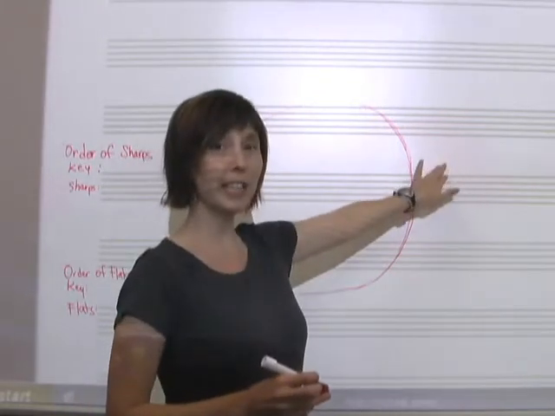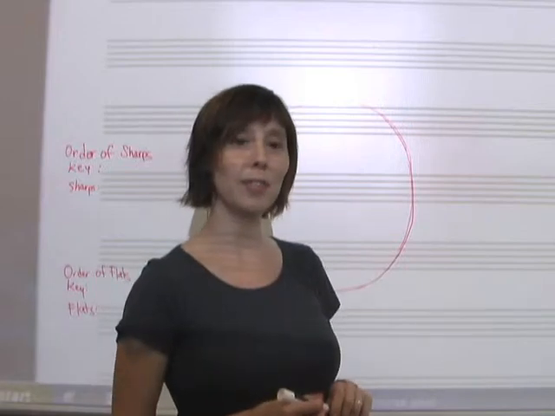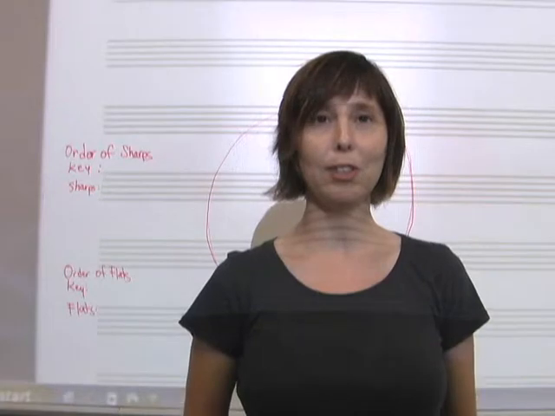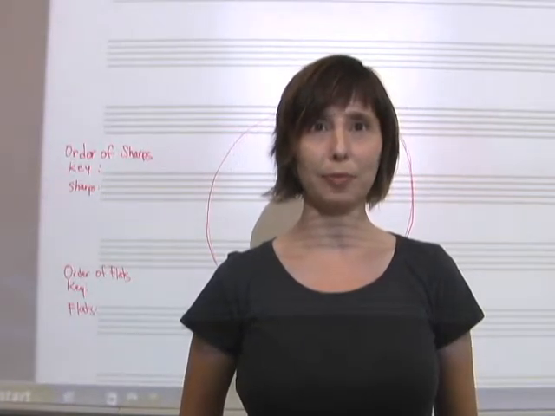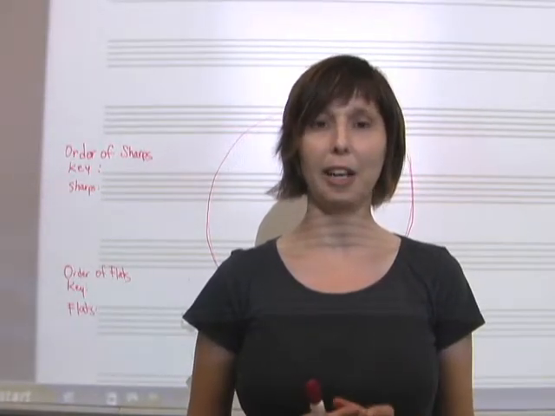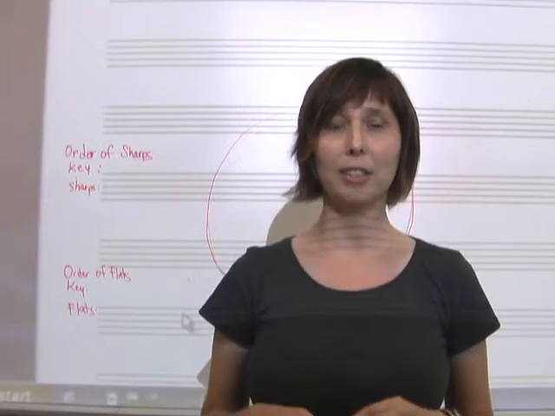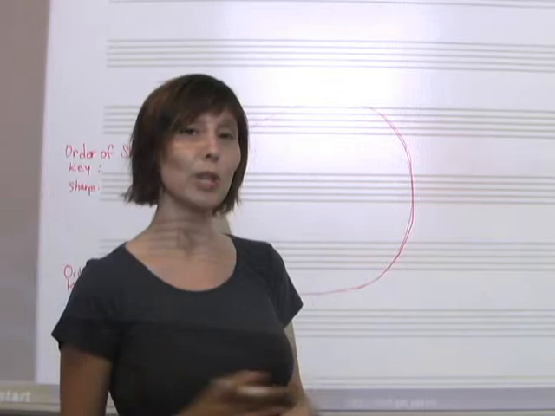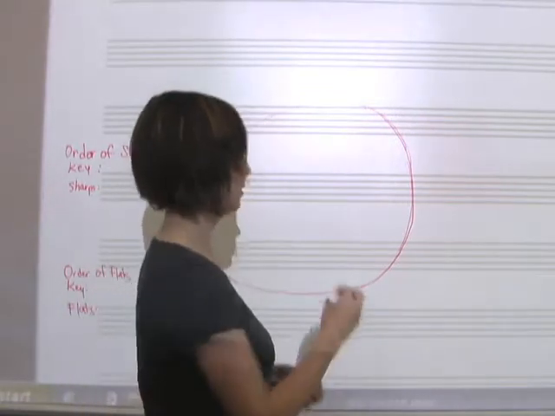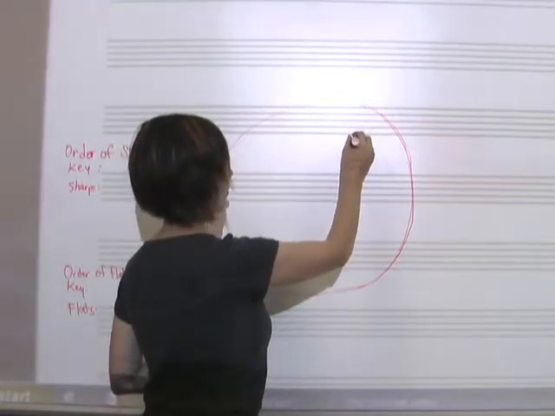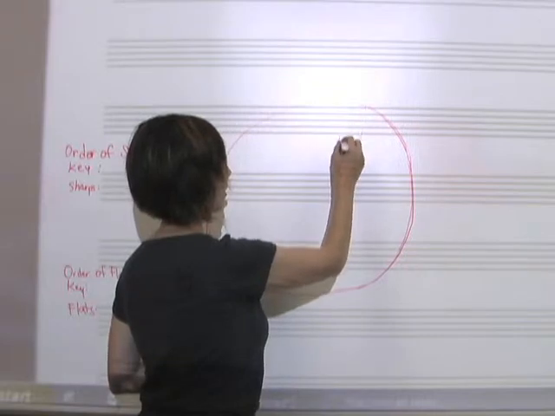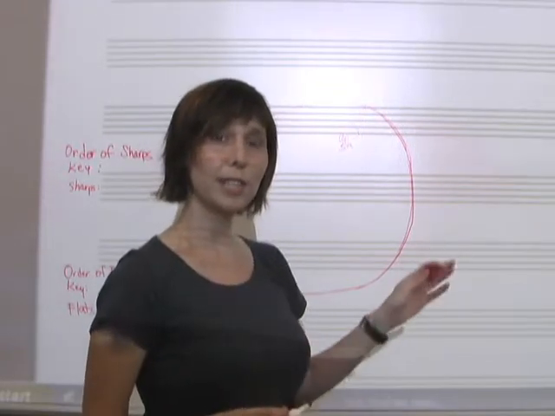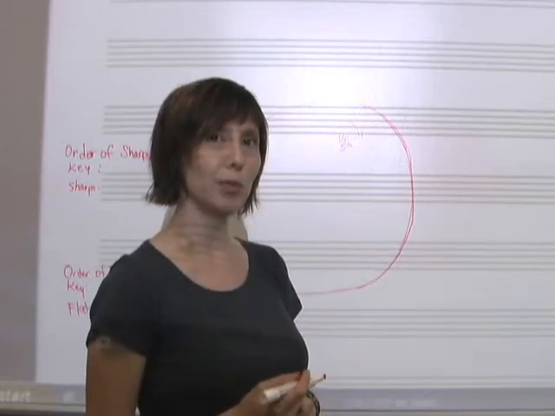Now, the first key to have a sharp in it can be easily found by counting up to the fifth note of the C major scale. C, D, E, F, G. G is the first key to have a sharp in it. The reason we call this the circle of fifths. So here, we're going up a fifth to our first key with a sharp in it, and that's G major.